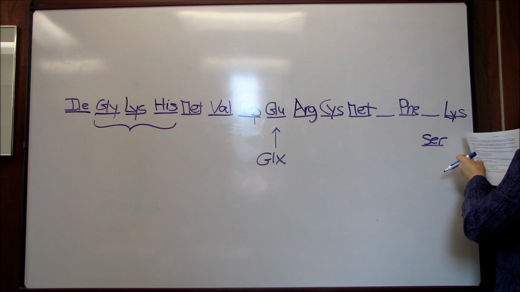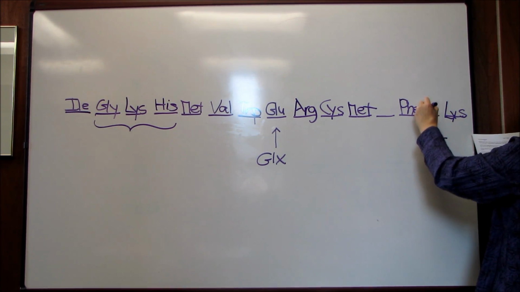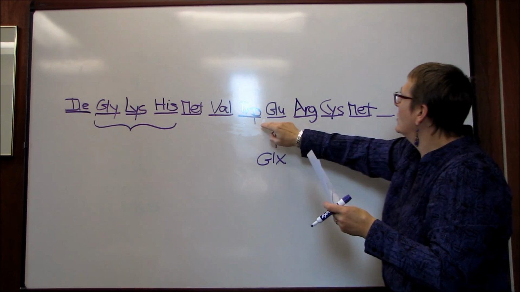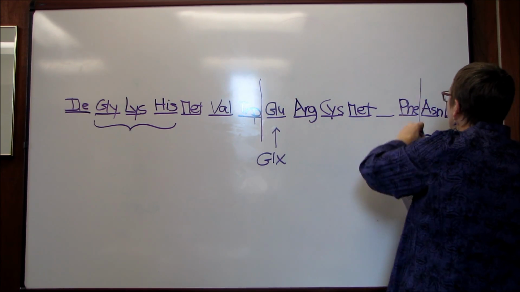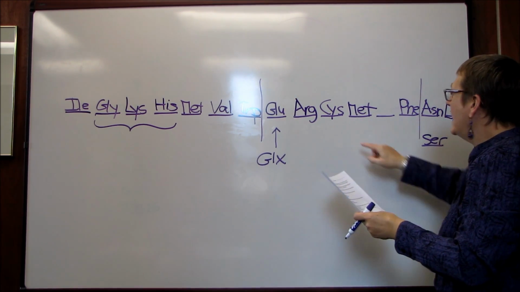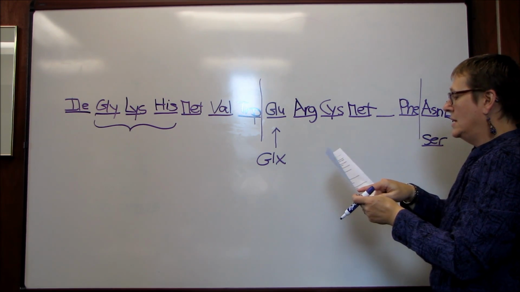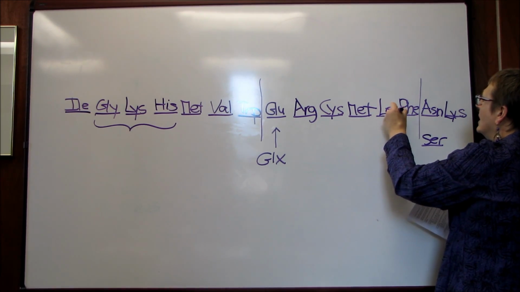And then before that was ASX with an ammonia, which makes it ASN. There's only one thing I'm not getting here, which is this peptide generated by chymotrypsin, and the one that has Glu-Arg-Cys in it, the top one, also has a leucine that must be right here.